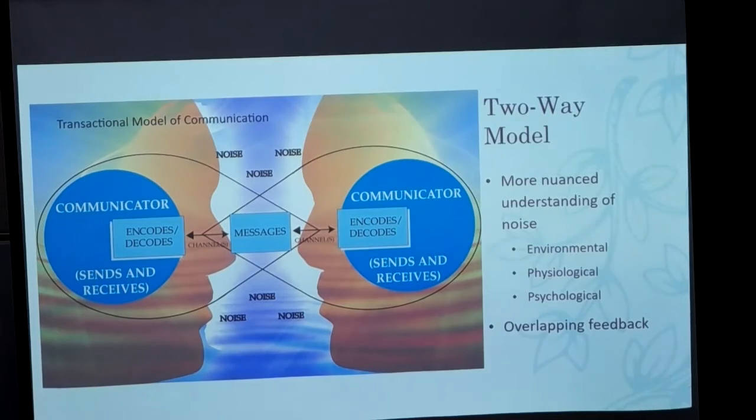One thing I did forget to mention is that we do need to also take into consideration the idea of rich or lean media. So this is based on the theory of media richness.